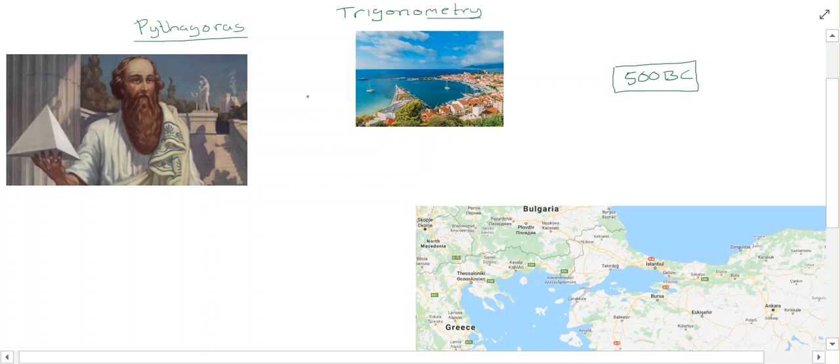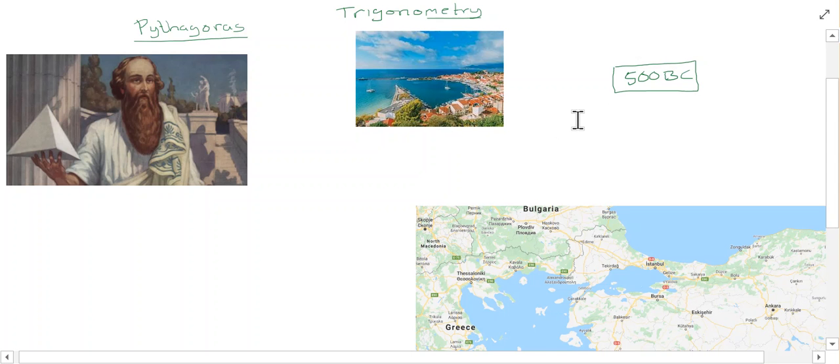We still teach Pythagoras' ideas, and a lot of the concepts that come out of his ideas are used in modern society, in engineering, maths and science, in lots of very practical ways. So Pythagoras was a Greek philosopher, and he came up with his theorem.